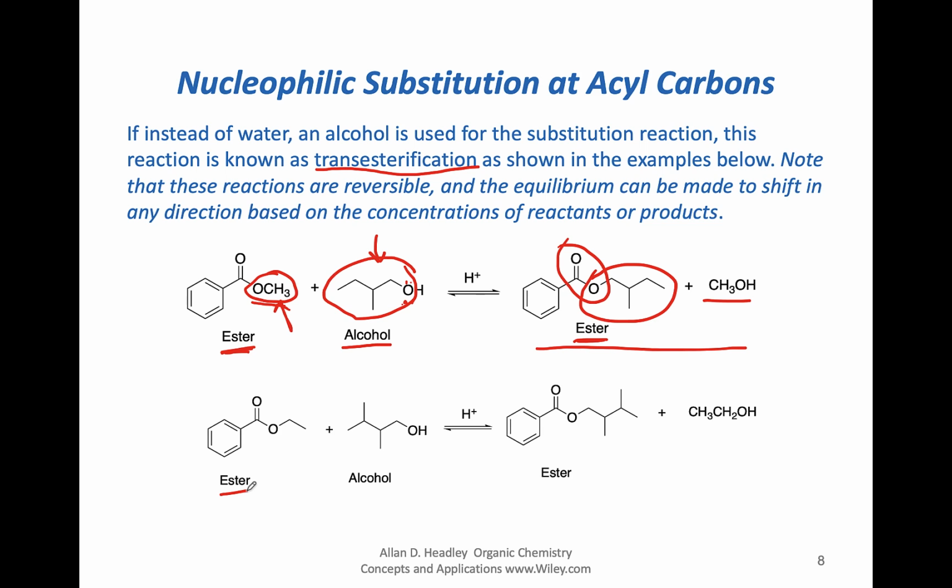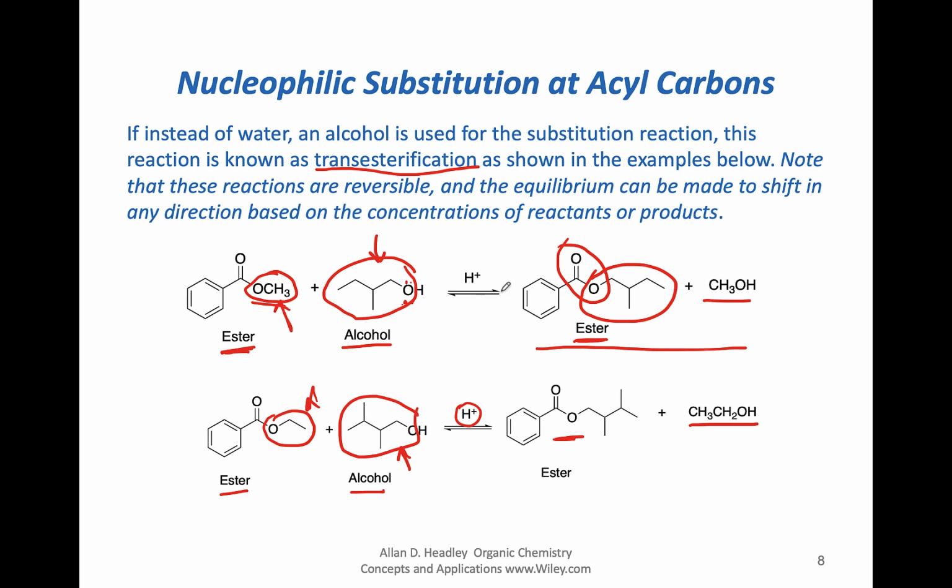This ester, this alcohol. So here's the group that will be substituting for this group right here, and this group right here will of course form the alcohol, and this group here will form the ester. That's called transesterification in the presence of an acid.